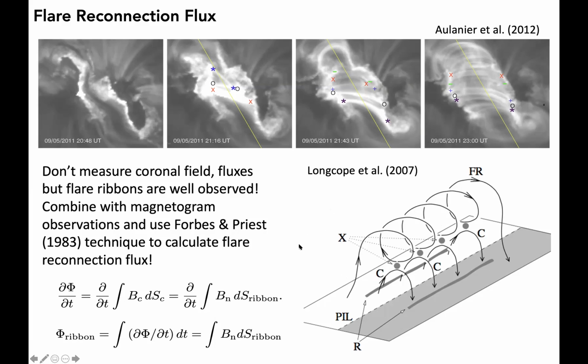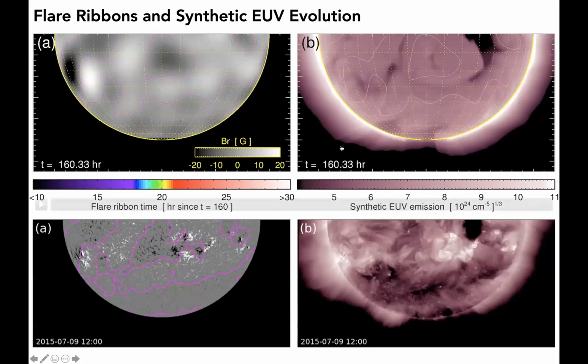Now, you can't measure the magnetic fields in the corona, but you can measure the evolution of the flare and the progression of the post-eruption arcade. And you can calculate how much flux gets swept out by the ribbon motion in time. And so we've done that here. You'll remember that the flare arcade didn't exactly look like a standard eruption, but we did have indications that the same process was happening in a much less energetic way.